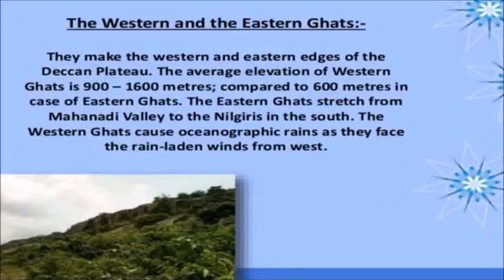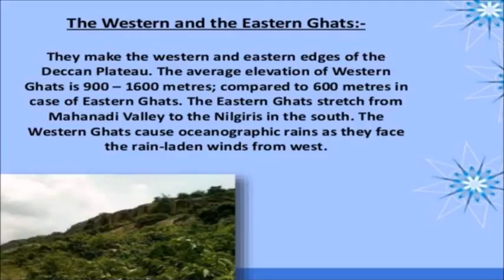Now last and most important, the Western Ghats. It is also part of the plateau. Western Ghats and Eastern Ghats make the western and eastern edges of the Deccan Plateau. Now the plateau is the area which is surrounded by the Ghats. Here on the west side you have the Western Ghats and on the east side the Eastern Ghats.